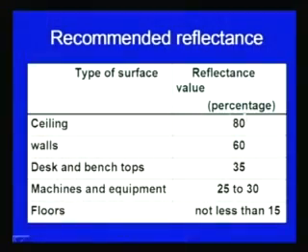The recommended reflectance for reduced glare and improved quality of the visual environment is: ceiling reflectance should be 80%, the walls reflectance 60%, the desk and bench tops reflectance 35%, the machines and equipment reflectance 25 to 30%, and the floor should not be less than 15%.